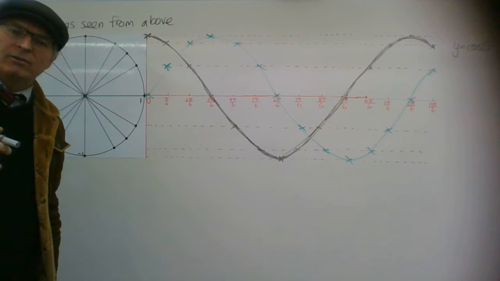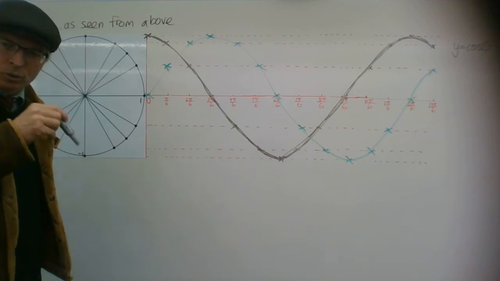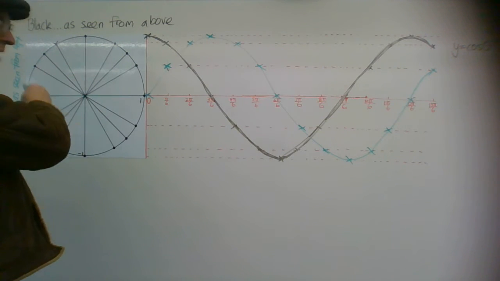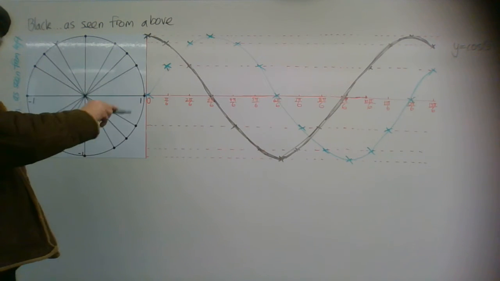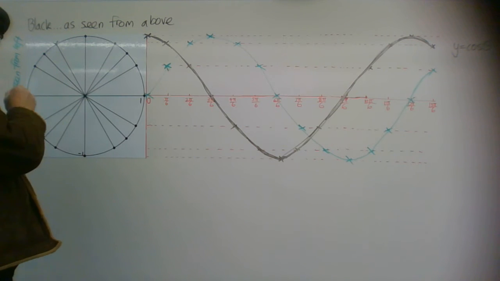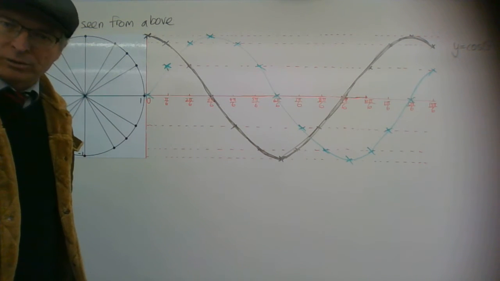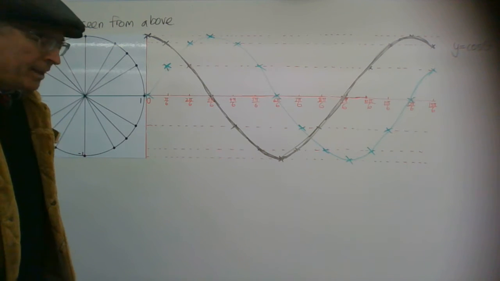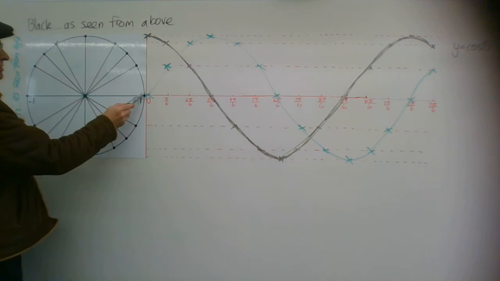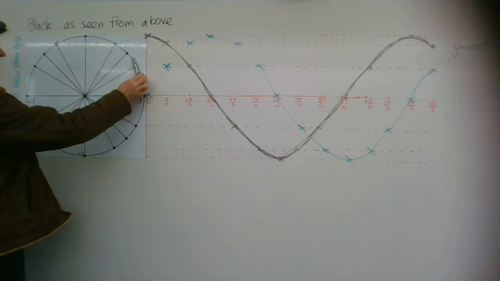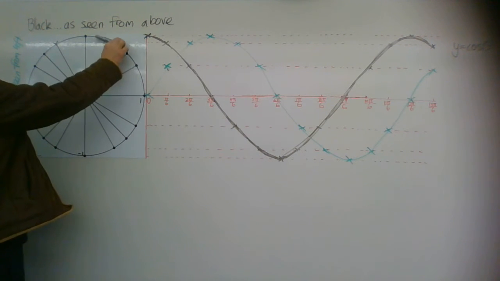But the interesting thing is, when you're looking at it from above, even though it's going round and round the circle at a constant speed, going horizontally backwards and forwards won't be a constant speed. It'll take ages to move along this bit, because it's kind of going up, and then it'll move fast through this bit.